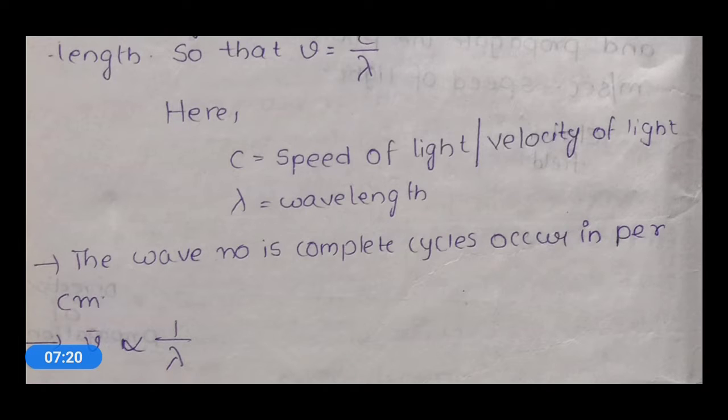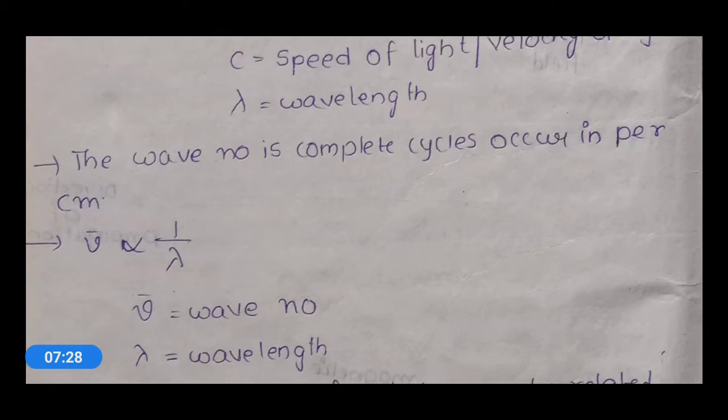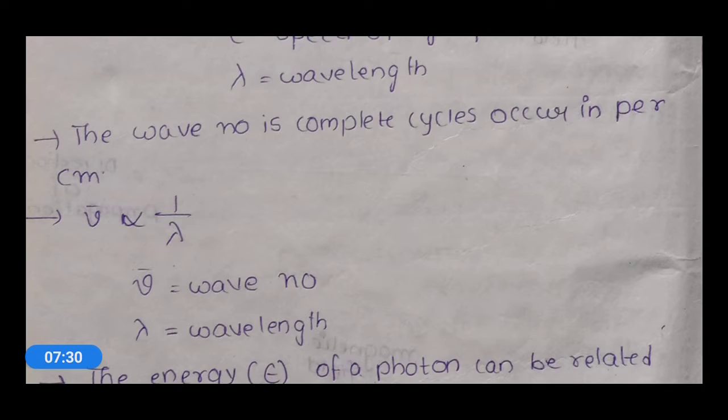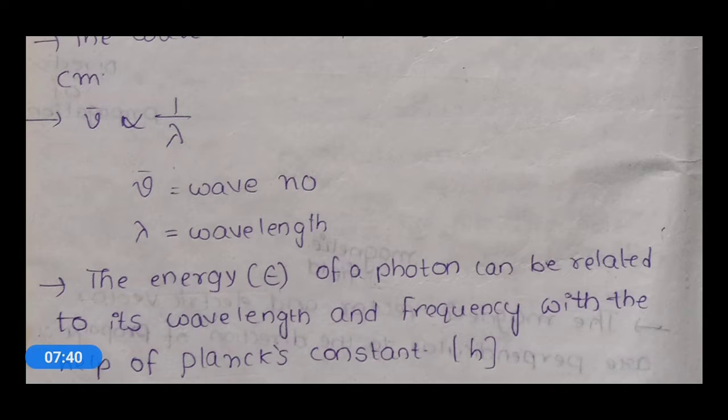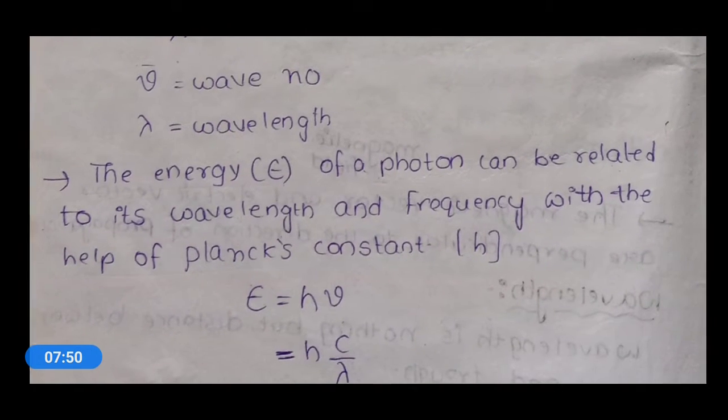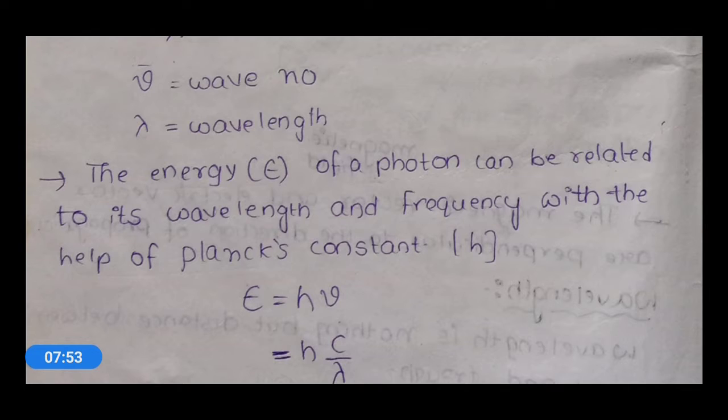It is inversely proportional to lambda, that is 1 by lambda, and is denoted by v bar. And the energy of a photon can be related to its wavelength and frequency with the help of Planck's constant h.